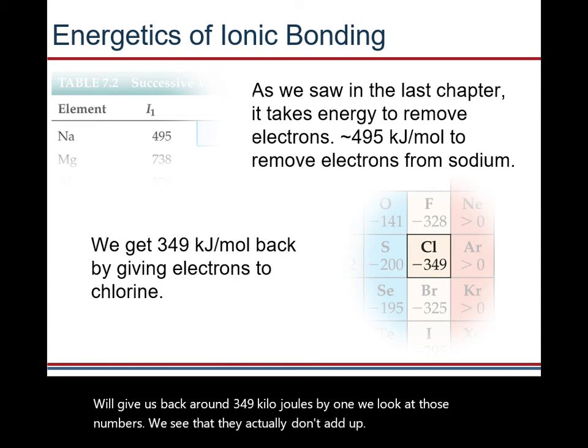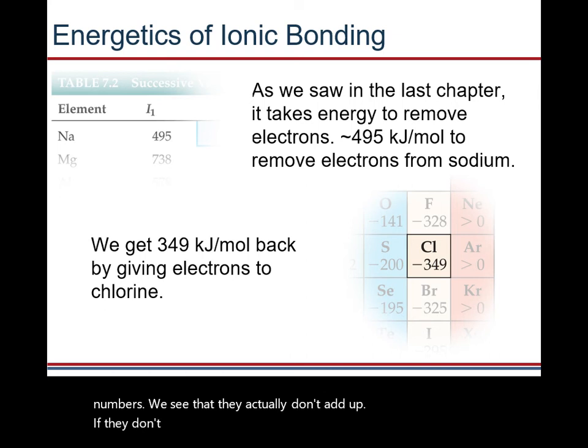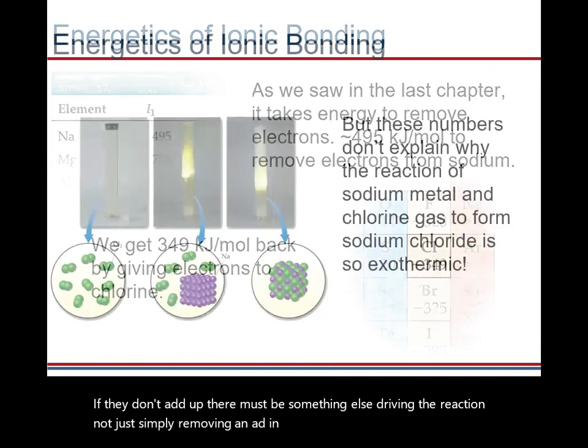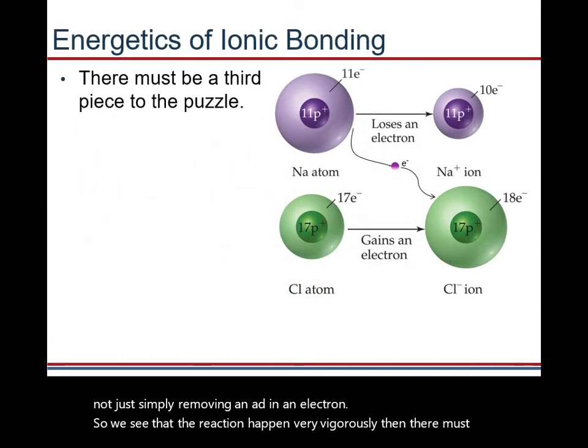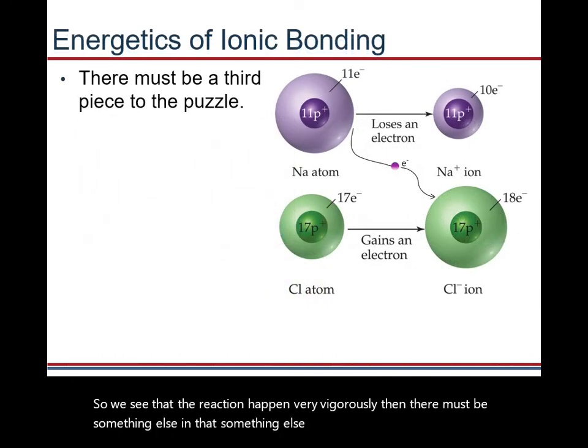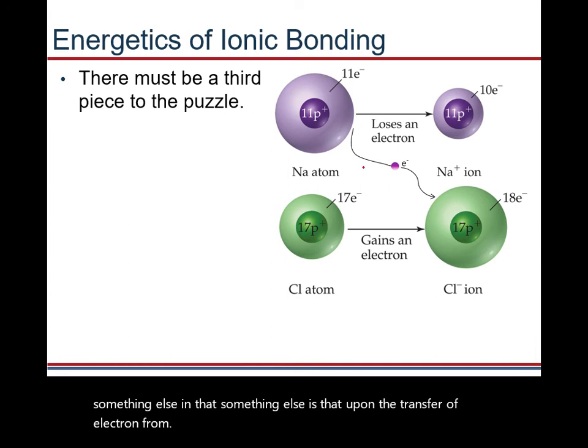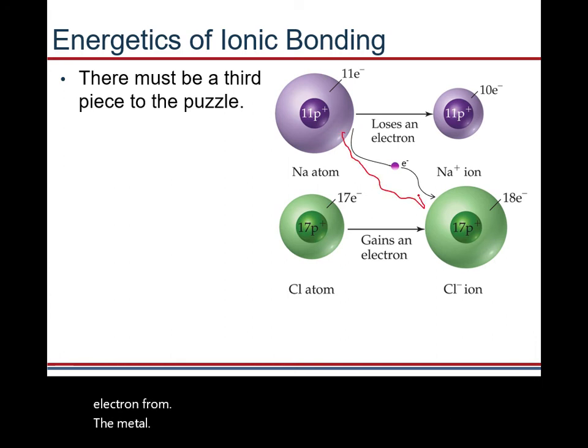If they don't add up, there must be something else driving the reaction, not just simply removing and adding an electron. We see that the reaction happened very vigorously, so there must be something else, and that something else is that upon the transfer of an electron from the metal to the nonmetal, we end up with the formation of charges.